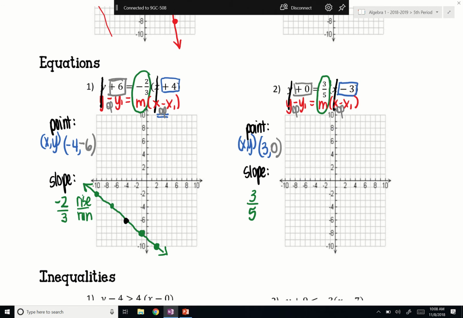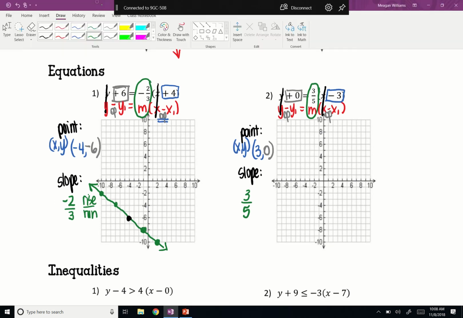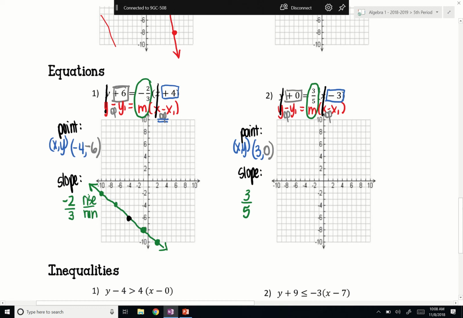Where do I start? Positive 3 on my x-axis, and then do I go up anywhere? Nope, so I just put a dot on my x-axis. And my slope is what over what? Which means rise over run. So how far up am I going to go? Up 3, then where? Which way?